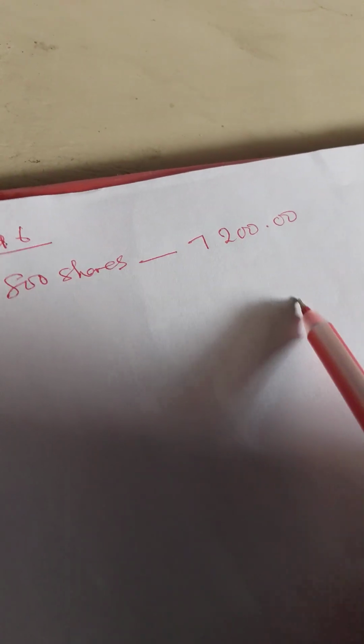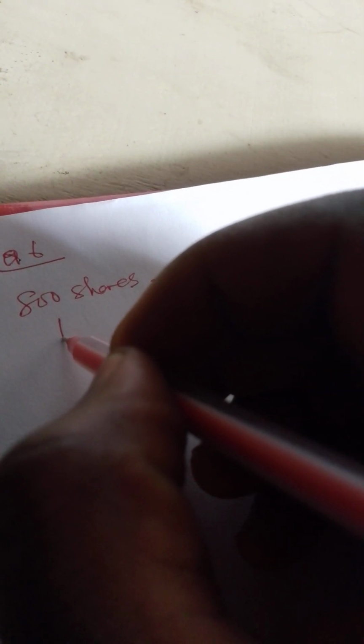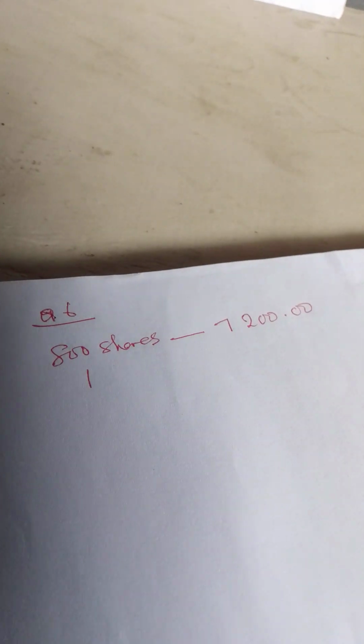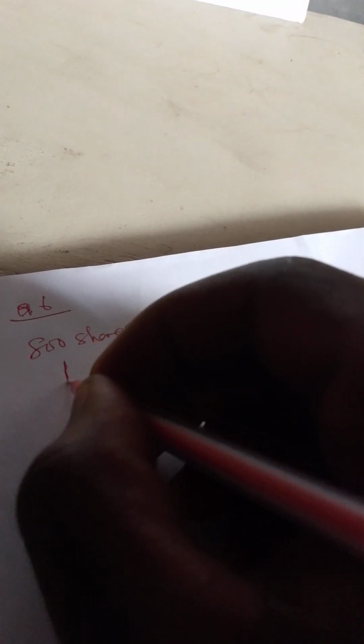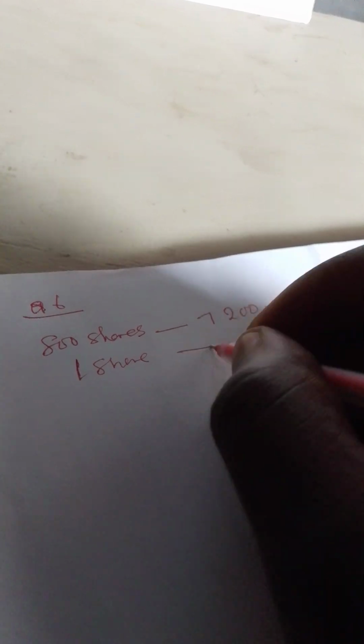So here you actually set a proportion. If 800 shares is equals to 7,200, what about one? If 800 shares is equals to this one, then one share is equals to X. That is the kwacha.